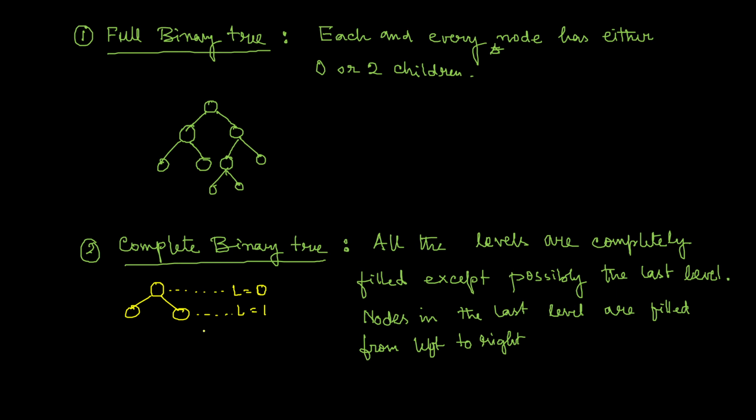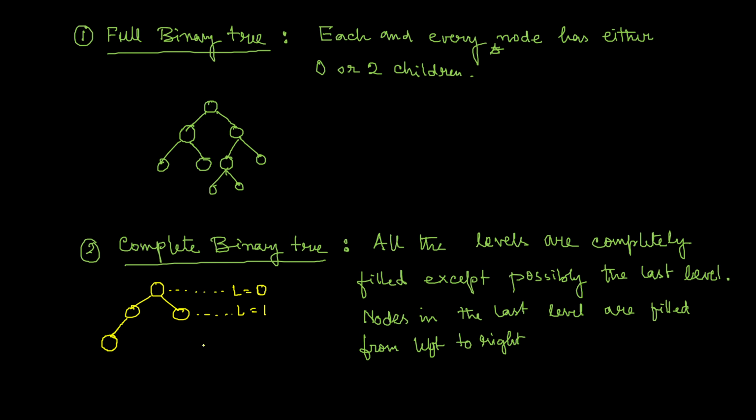Here level is 1. If you keep on adding many more nodes over here, it is saying that all the levels are completely filled up except possibly the last level. So that means if we have many other nodes under these two nodes as children, then the level of those nodes will become the last level. So, for example, if you draw this one, only one node over here.